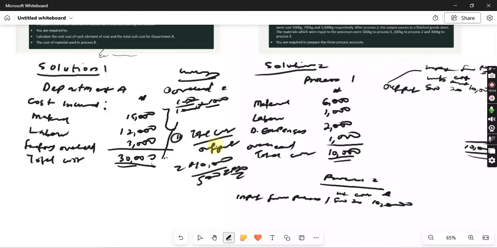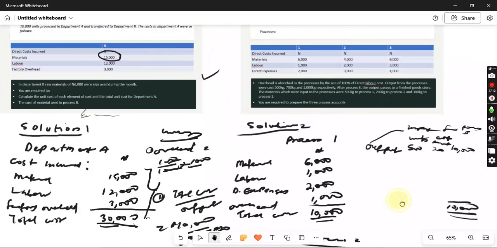Cost per unit. So we have material cost incurred in process 2, we have labor cost, we have direct expenses. Let us check out the information.